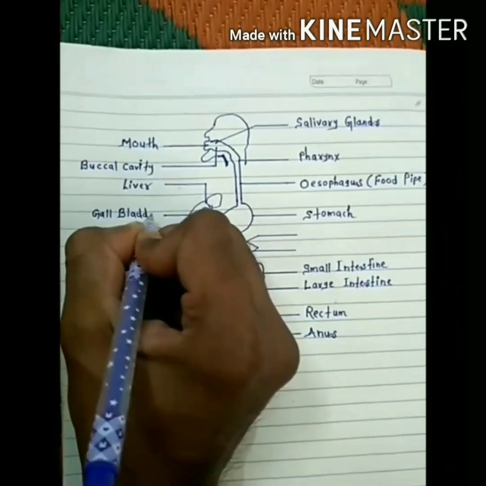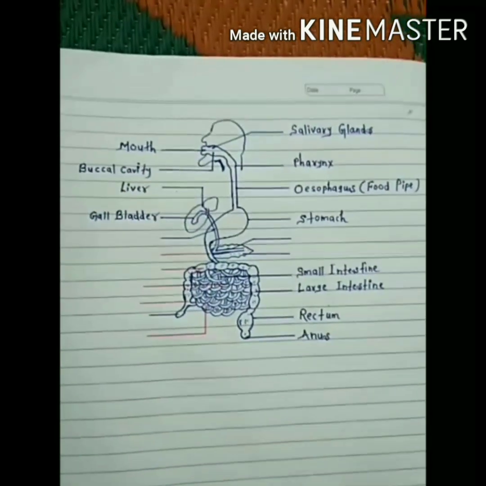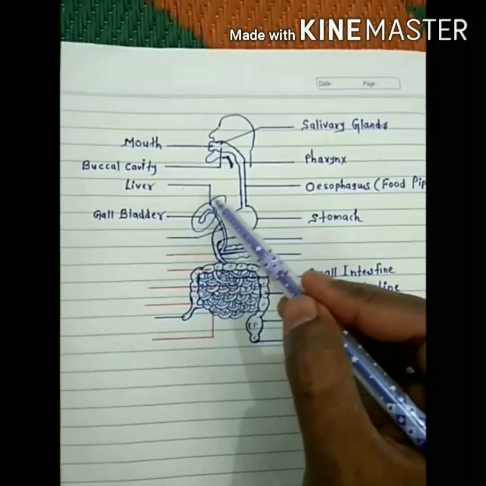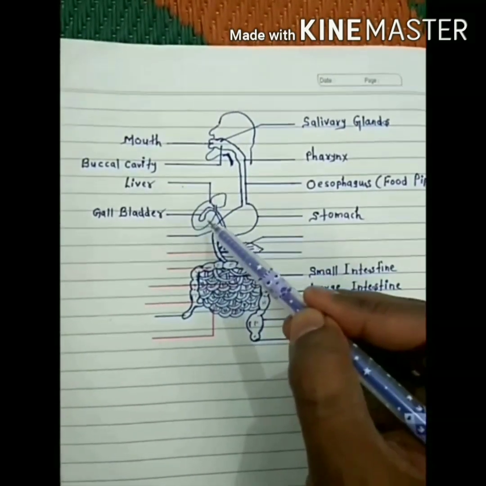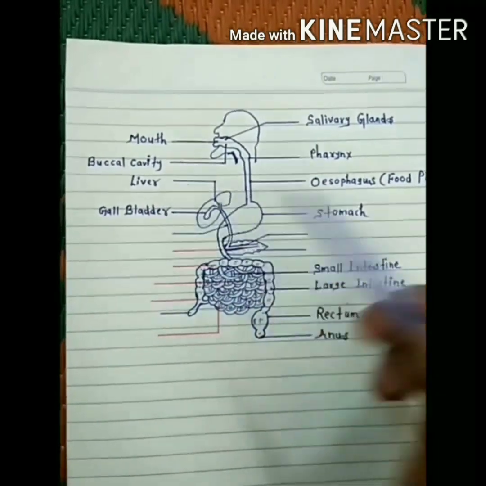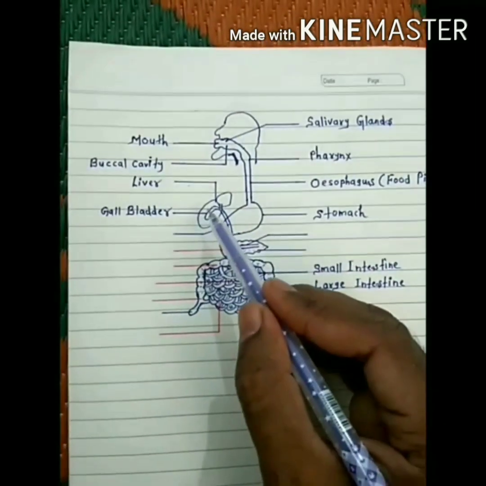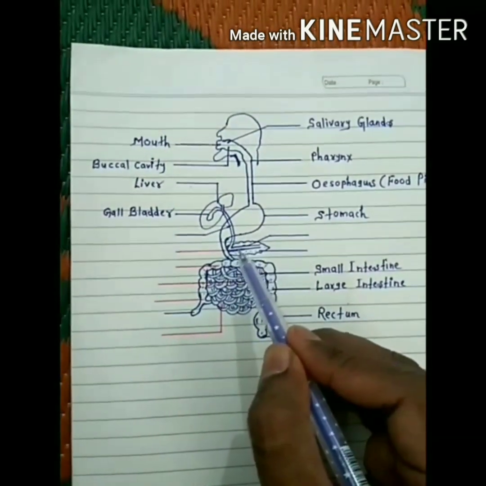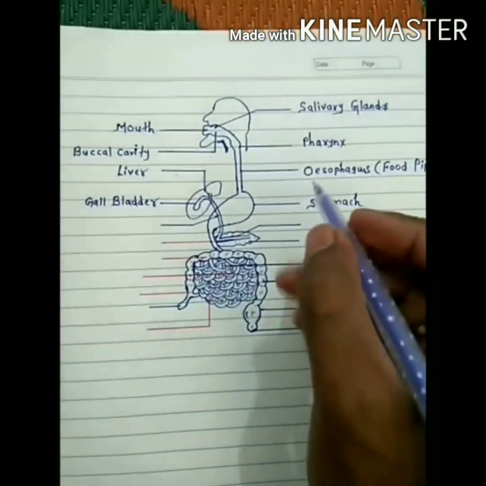So gallbladder is not a gland, but it is the storing bag of bile juice. And from the gallbladder, bile juice comes through bile duct into the duodenum. That means the first part of small intestine. You can see here. And this bile duct is going to attach with the pancreatic duct.